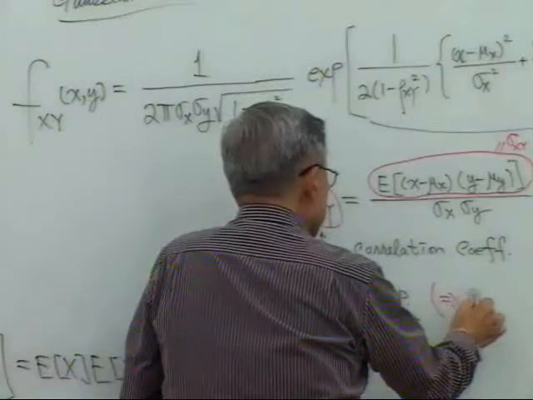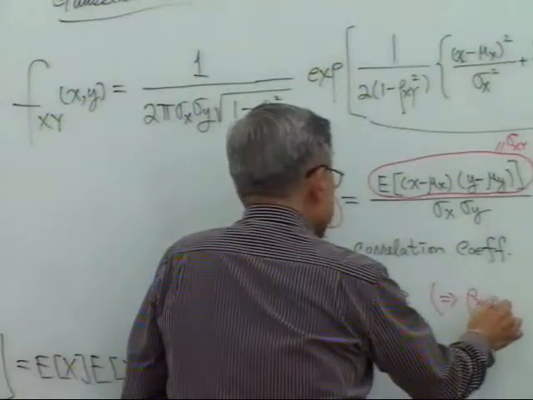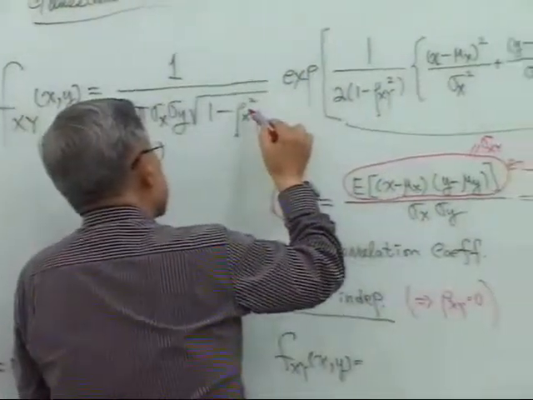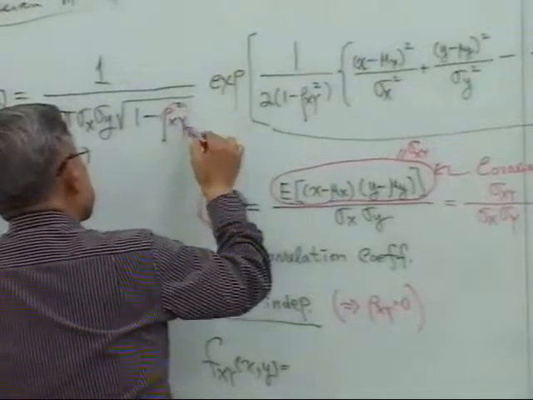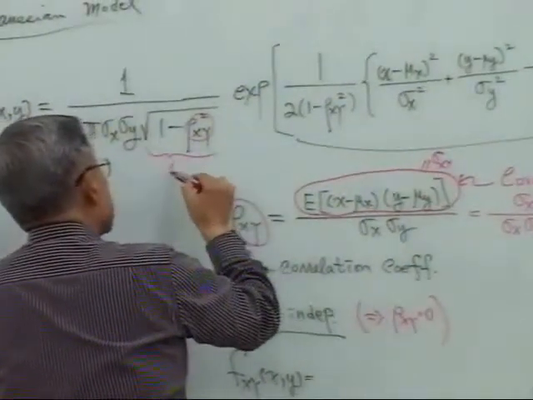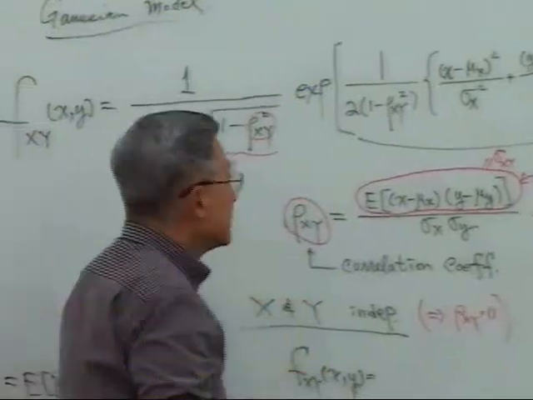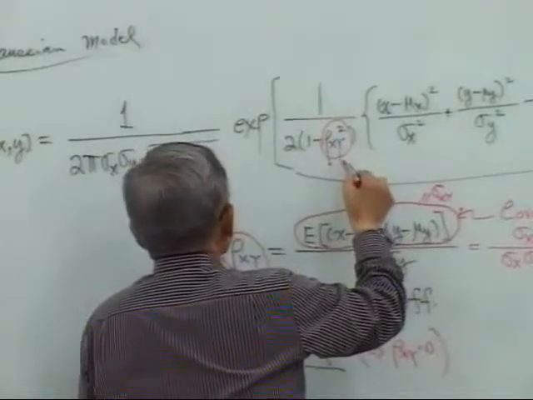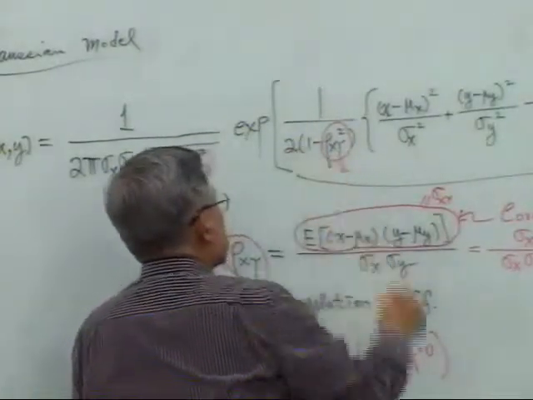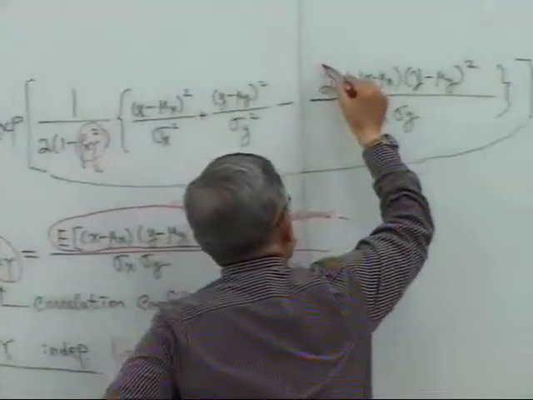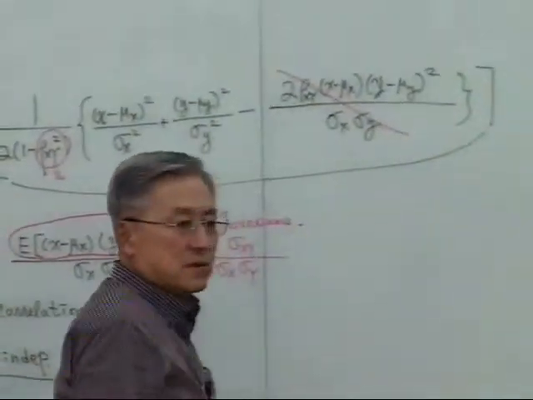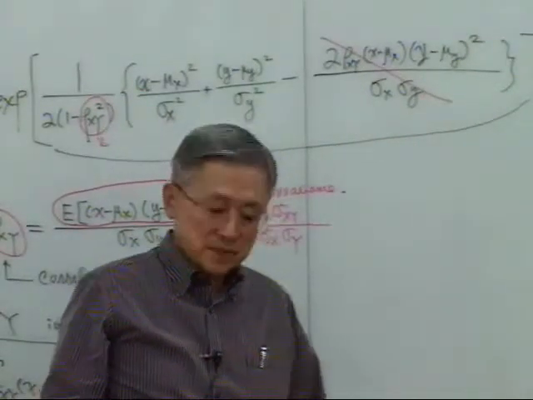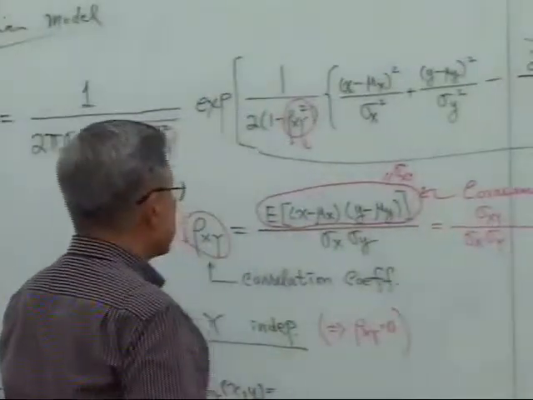Independent means rho xy, no correlation, is equal to 0, which means this whole thing is equal to 1. And now this is equal to 0, then it's a 2, and then this term has to go. Very straightforward. Then what happened?